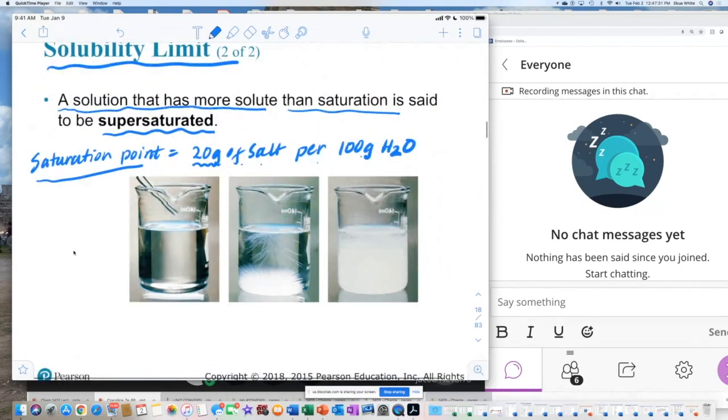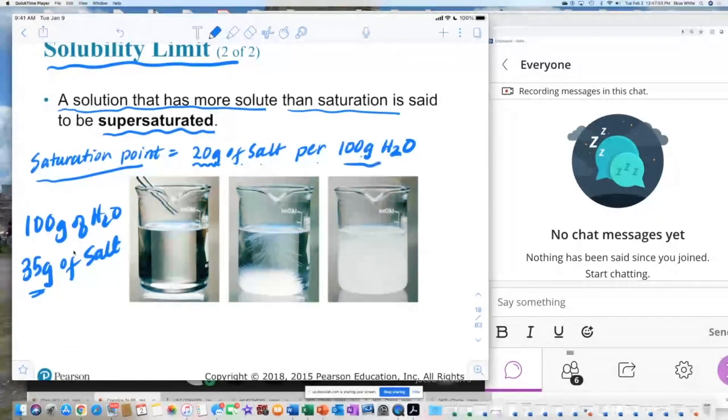So if this is our standard, what if I want to put in 35 grams? I have 100 grams of water, and I want 35 grams of salt. Obviously, the desire I have does not match the comfort level or the capacity of water, right?